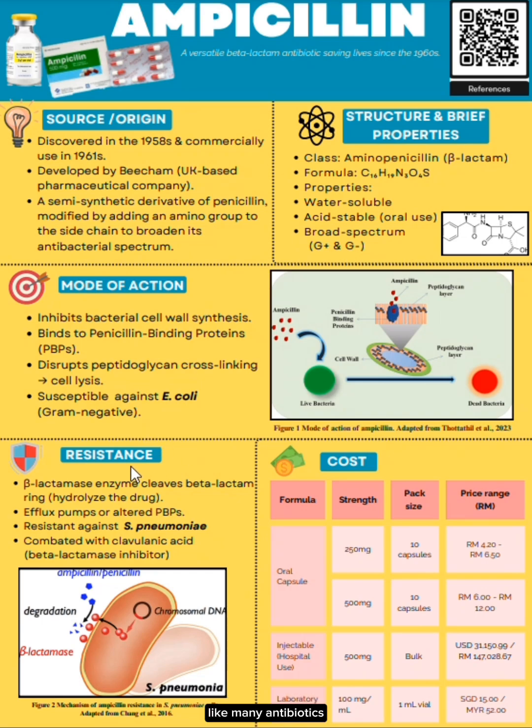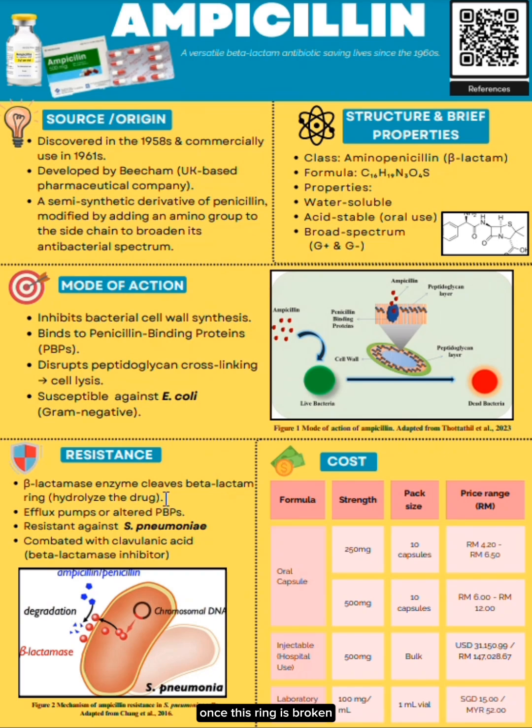Like many antibiotics, ampicillin can become less effective over time because some bacteria develop resistance. One of the most common ways resistance happens is through an enzyme called beta-lactamase. This enzyme is produced by certain bacteria and it breaks open the beta-lactam ring in ampicillin, which is the core structure that allows the antibiotic to work.